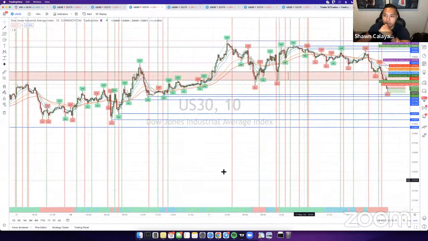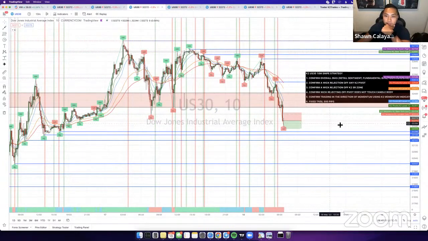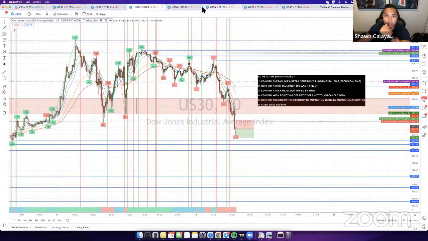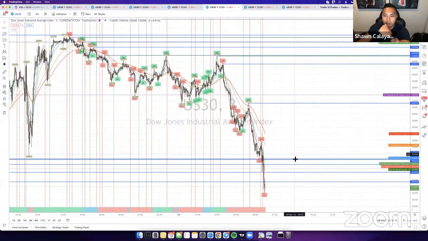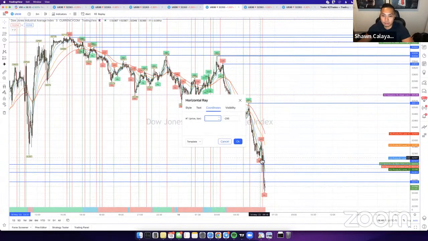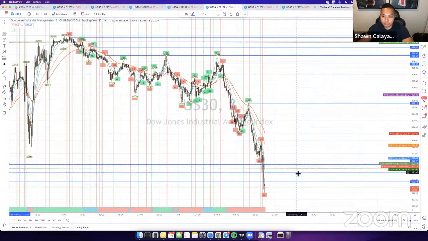Other than that, there's nothing for us to take right now. As you can see, the 10-minute here isn't really doing too much. The 5-minute over here, there's nothing to take right now. On the 3-minute, all this liquidity right here got hit, so I'm going to take these off, and then I will refresh.